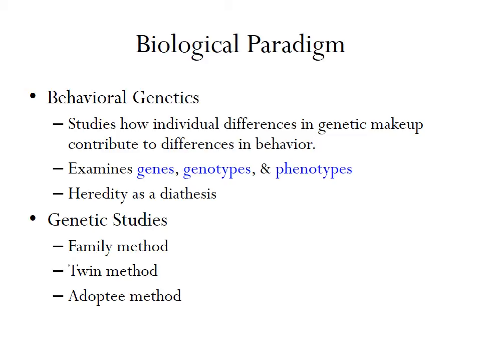These percentages drop off the further you move from the nuclear family. For example, cousins or second-degree relatives only share a 25% chance of having a similar diagnosis.